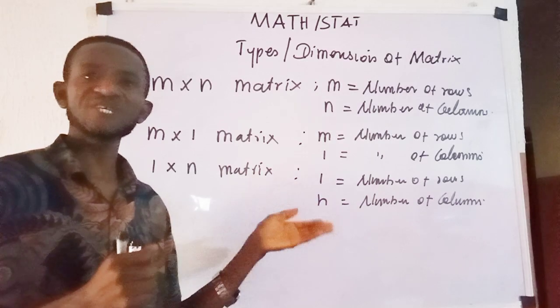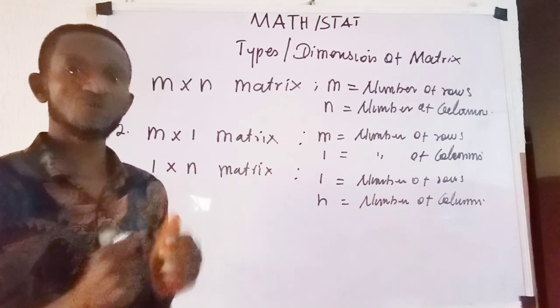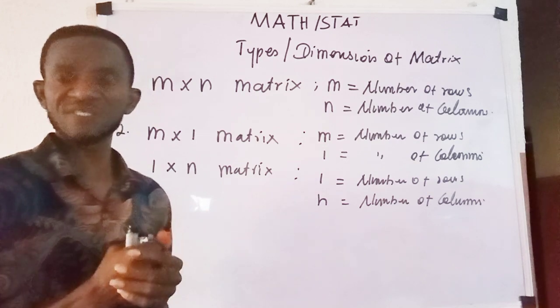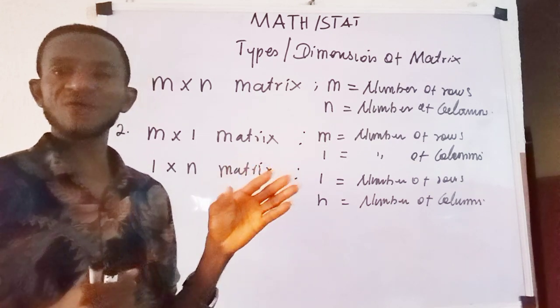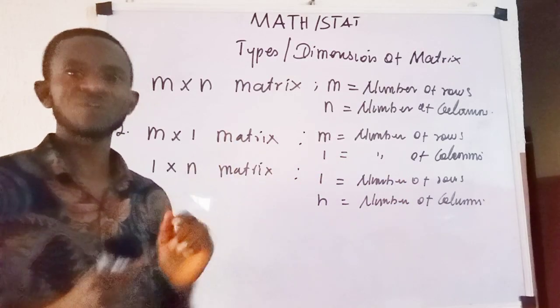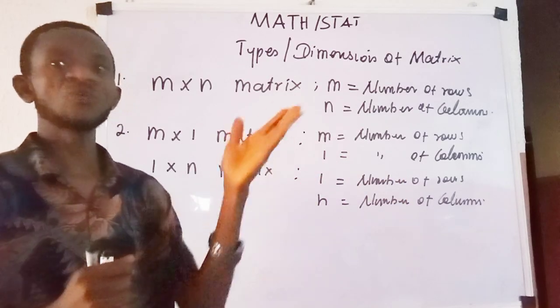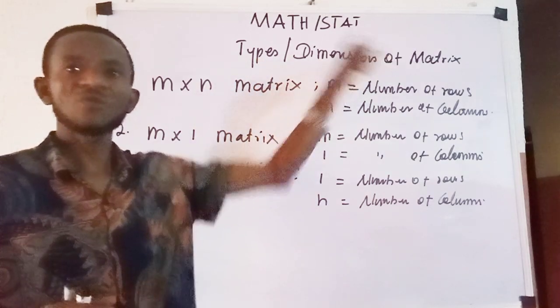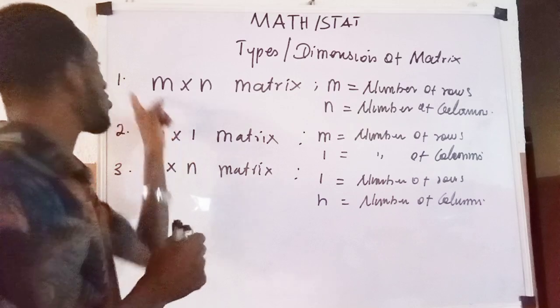We cannot represent a matrix without knowing the dimension of the matrix. Dimension of a matrix talks about the number of columns and the number of rows involved in that matrix. And we said, let us quickly look at types and dimensions of a matrix.